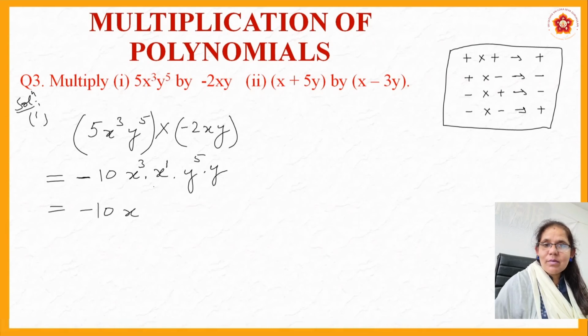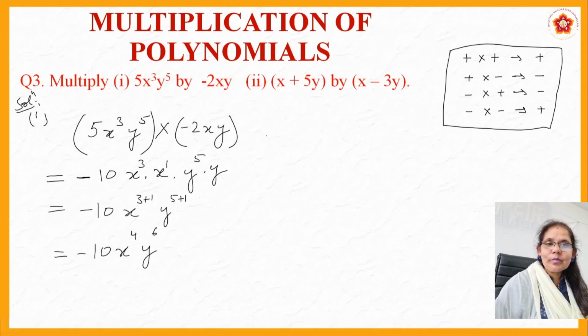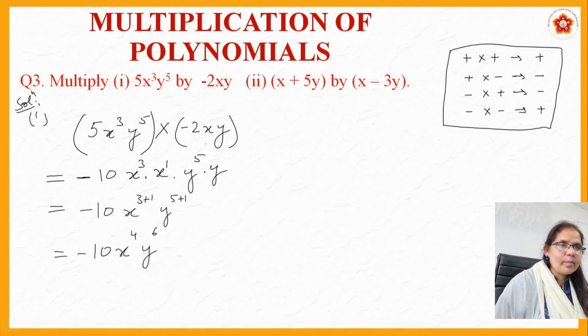When no power is here, power is 1. So it is 3 plus 1. It is 5 plus 1. Minus 10 x raised to the power 4 and y raised to the power 6. It is simple application of law of indices.